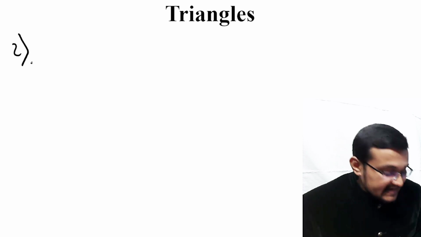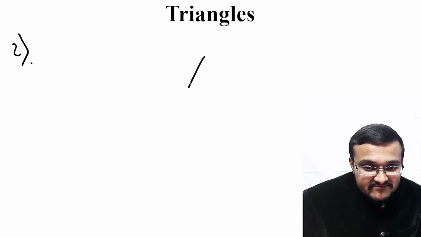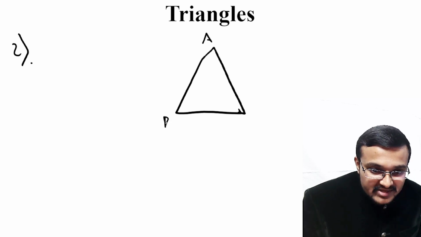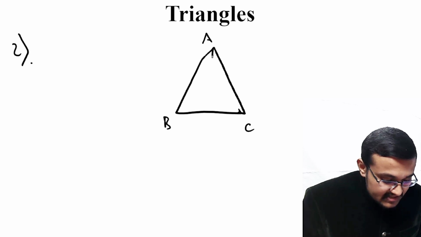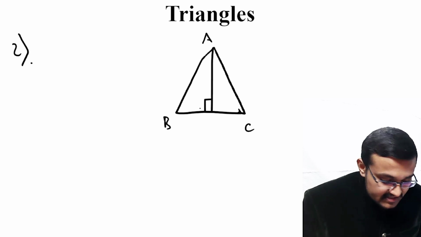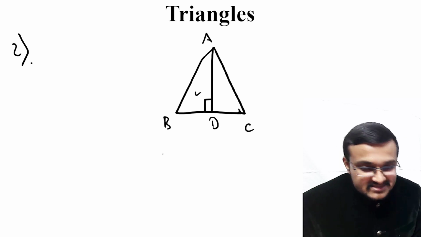Now we will look into the second question in this particular exercise 7.2. In the second question, they have given one diagram. So here one triangle is there, triangle ABC. And there is one perpendicular line for BC. That is, this particular angle will be 90 degree. And here D is there.